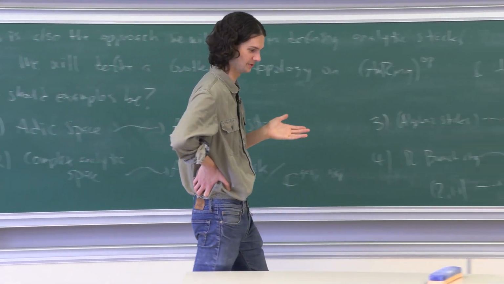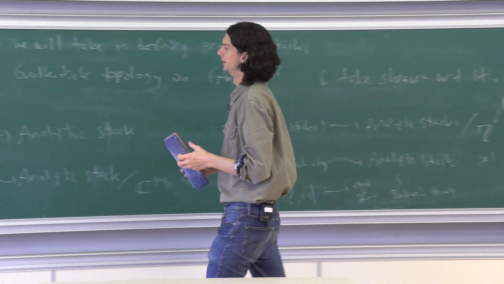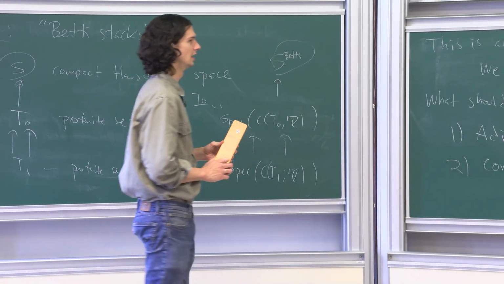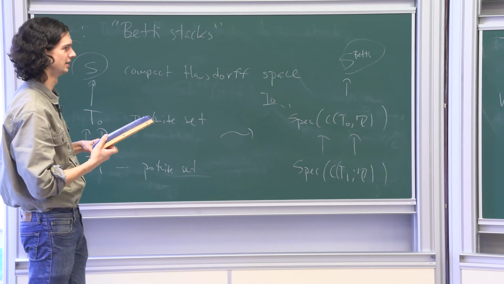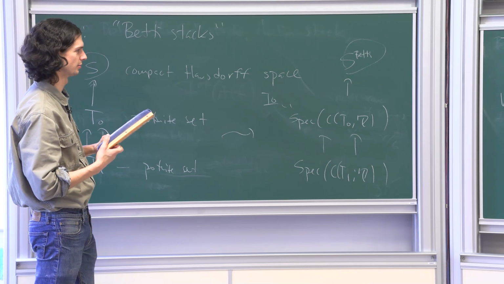That should also promote to an isomorphism of stacks. So that's the kind of thing we want to discuss. And maybe I'll spend a little bit more time on this GAGA. So how could GAGA possibly be explained as an isomorphism of stacks?